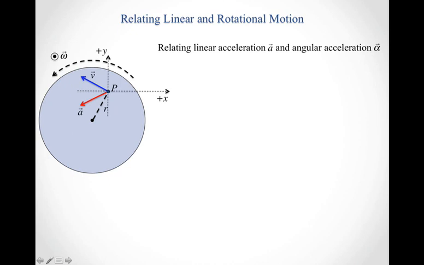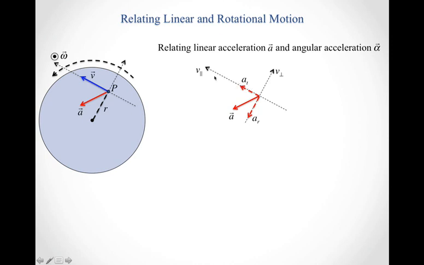That means there are two components I want to think about. And of course, I don't want to think about those components in terms of positive x and positive y. What I want to do is align my coordinate system in the direction of the velocity. That helps me think about this radial component that points towards the center of the circle and this tangential component that points in the same direction as the velocity.